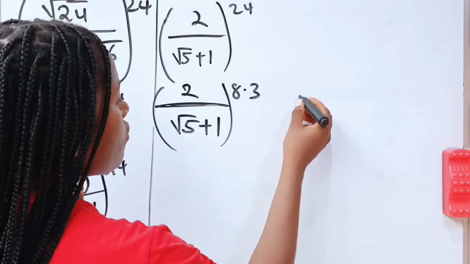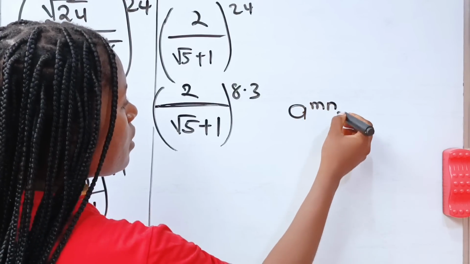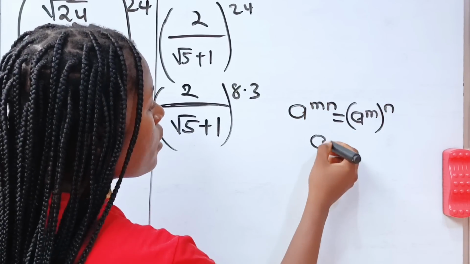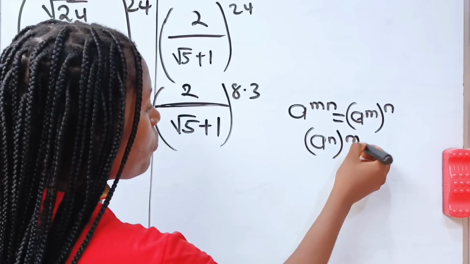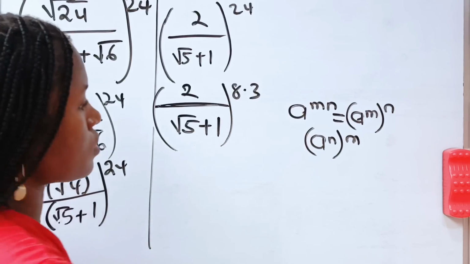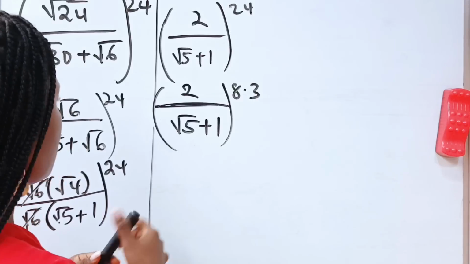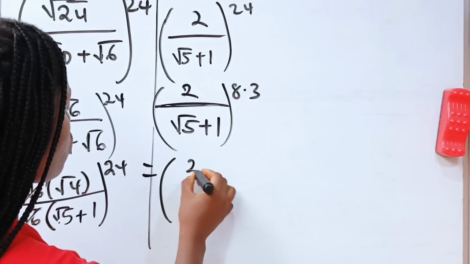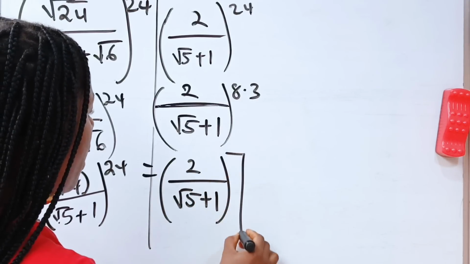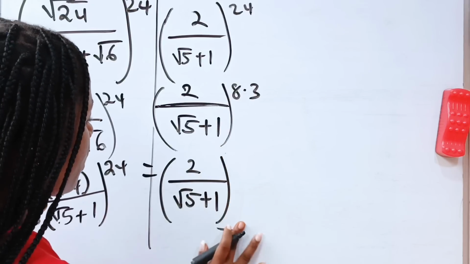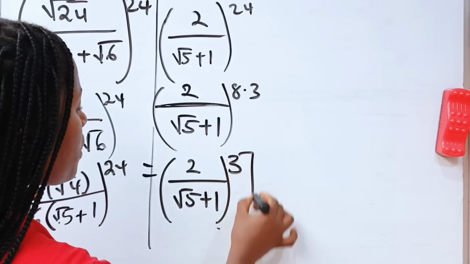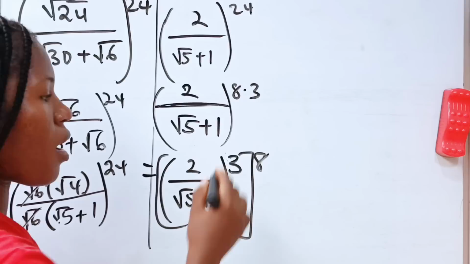Now when you have a to the power of m times n, it is equal to a to the power of m raised to the power of n, or a to the power of n raised to the power of m. So I'm going to bring in 3 and leave 8 out. So I will rewrite this as 2 divided by root 5 plus 1 raised to the power of 3, and now everything raised to the power of 8.